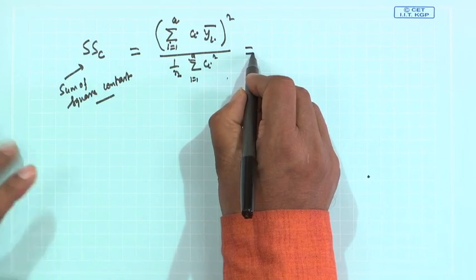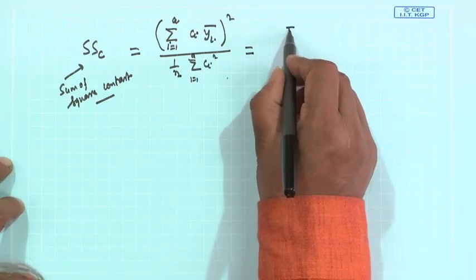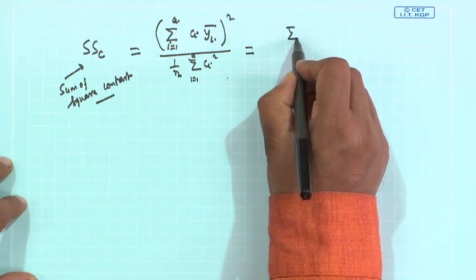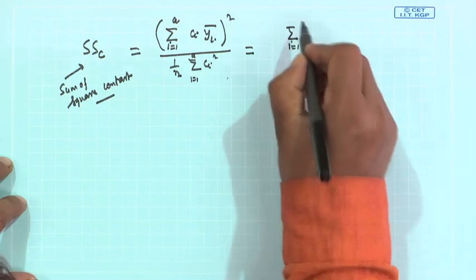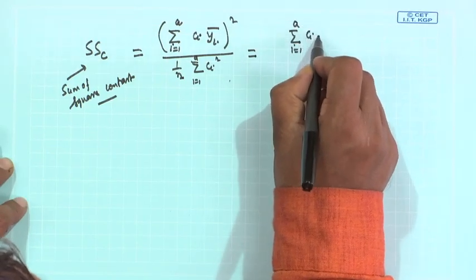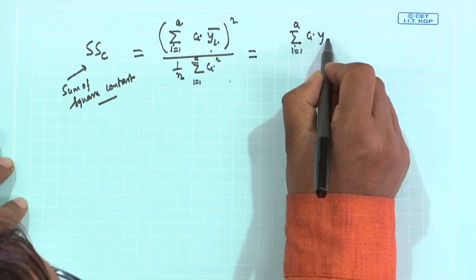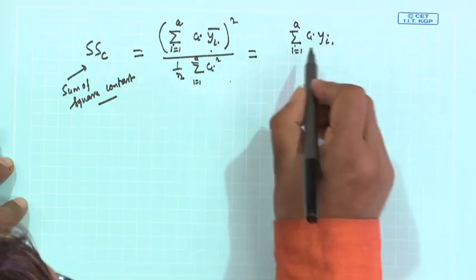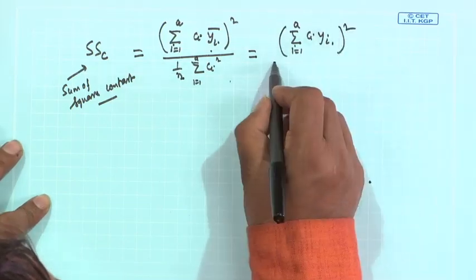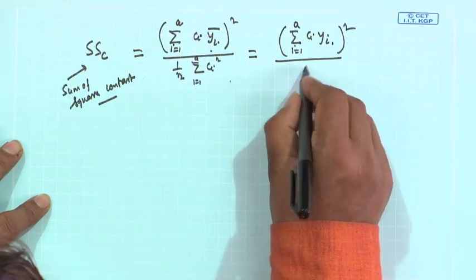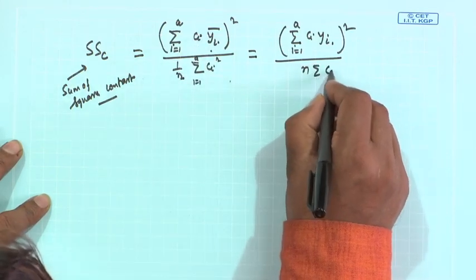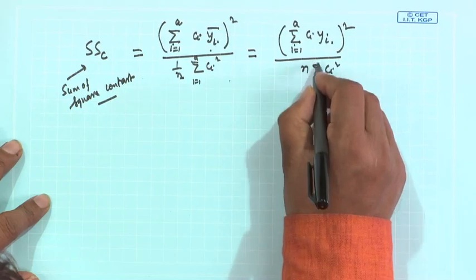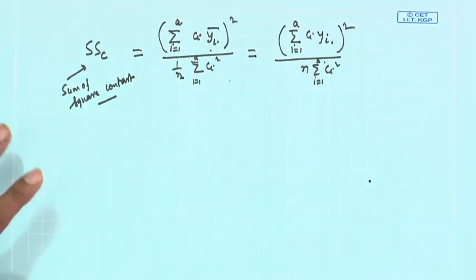Ultimately this will give you this quantity: if I change it to i equal to 1 to a of C i times Y i dot, because this is the total, and if I make this square, then the n squared will come out, then n times the sum total of C i squared, i equal to 1 to a.